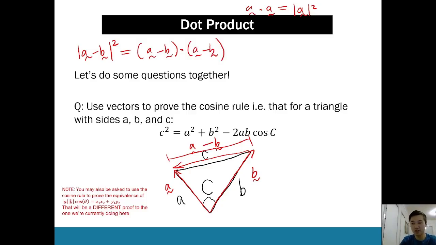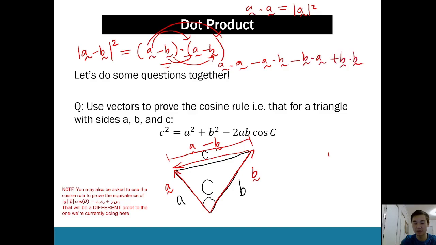Now we can use the distributive law to expand the brackets like we do normally with multiplication. So this will be the dot product of a with a, minus the dot product of a with b, minus the dot product of b with a, plus the dot product of b with b. And this gives me the magnitude of a squared.